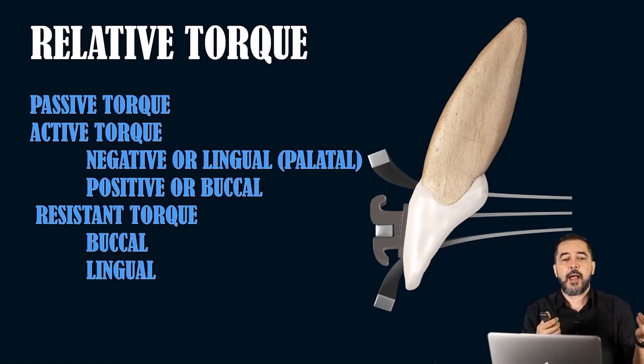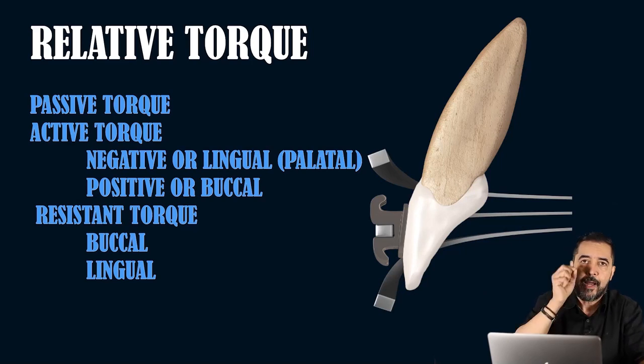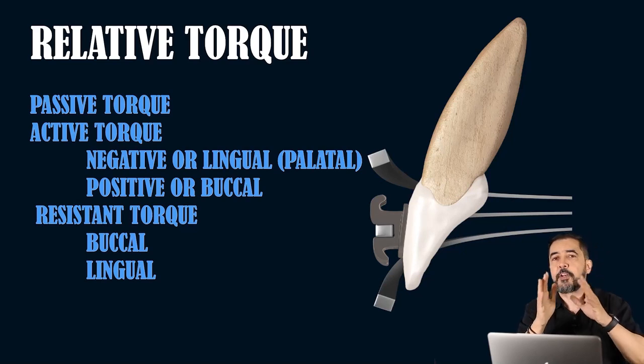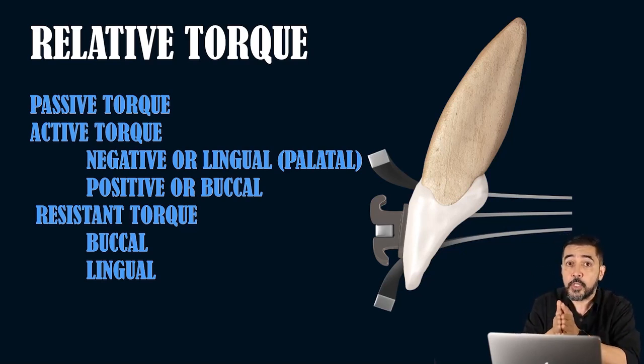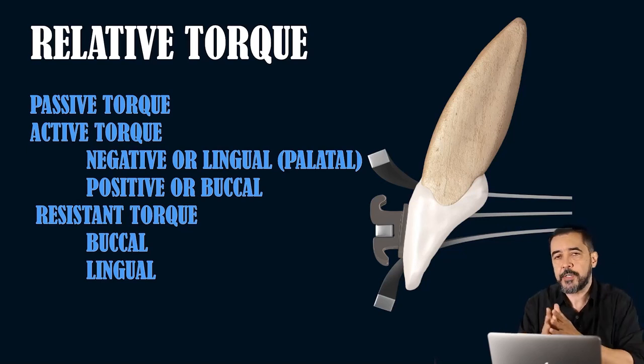We can have it either passive or active. When we have the active, we can do negative or lingual torque, or positive or buccal torque. Again, we are talking here about the crown. We are not referring to the root. When we refer specifically to the root, I'm going to say root torque. So if I don't say anything, I'm referring to the crown torque.